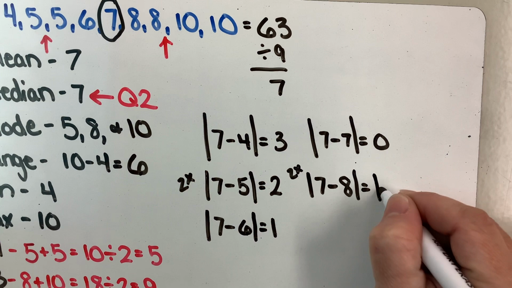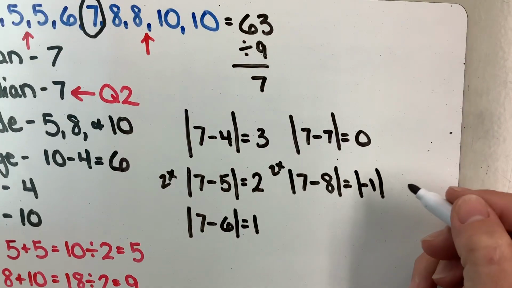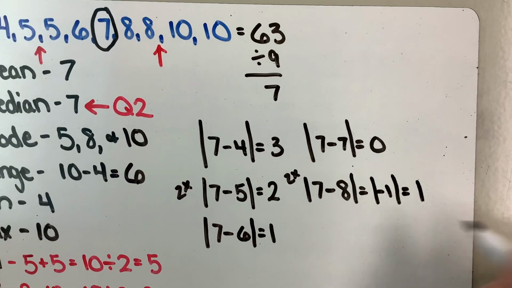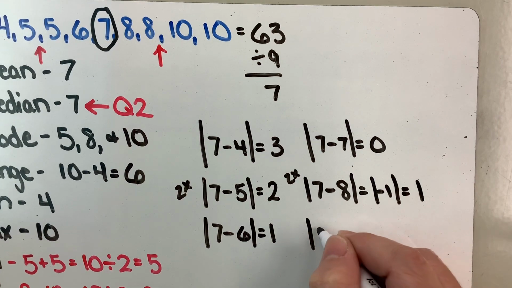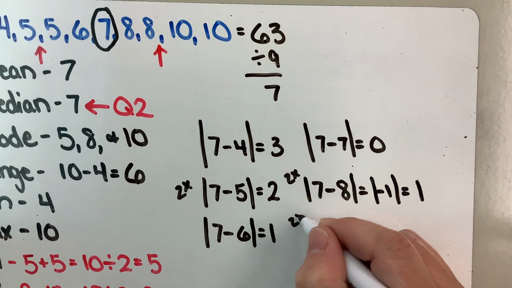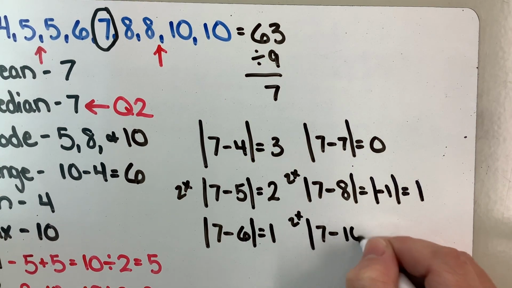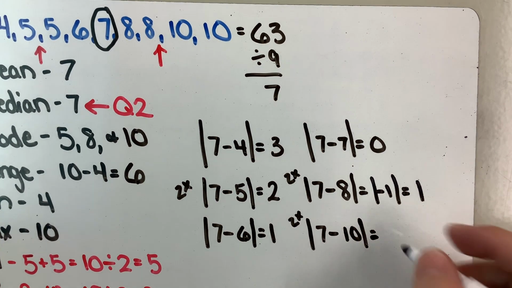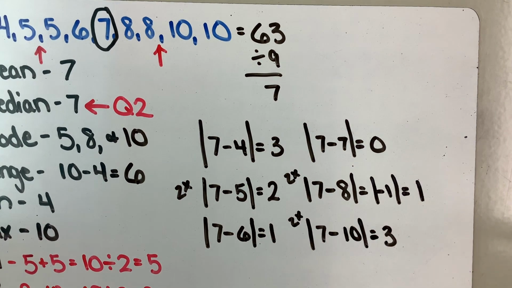So the absolute value, though, of that in debt, or -1, is 1. All right, and then we take the absolute value of our mean minus the next number. Again, there are 2 of those, so I'm going to make a note of that, which is 10. 7 minus 10 is a -3, and then the absolute value of that is the +3. Okay, this is absolute deviation.